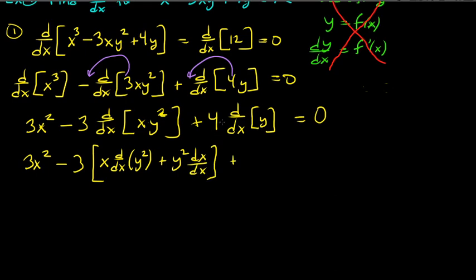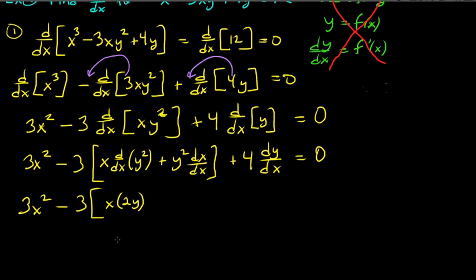And then this is really just the derivative, 4 times the derivative of y. I can write that as 4 times the derivative of y with respect to x, right? All right, so the next stage here is really just take the derivative of y squared, which is not 2y, right? It's with respect to x, so we need the chain rule.